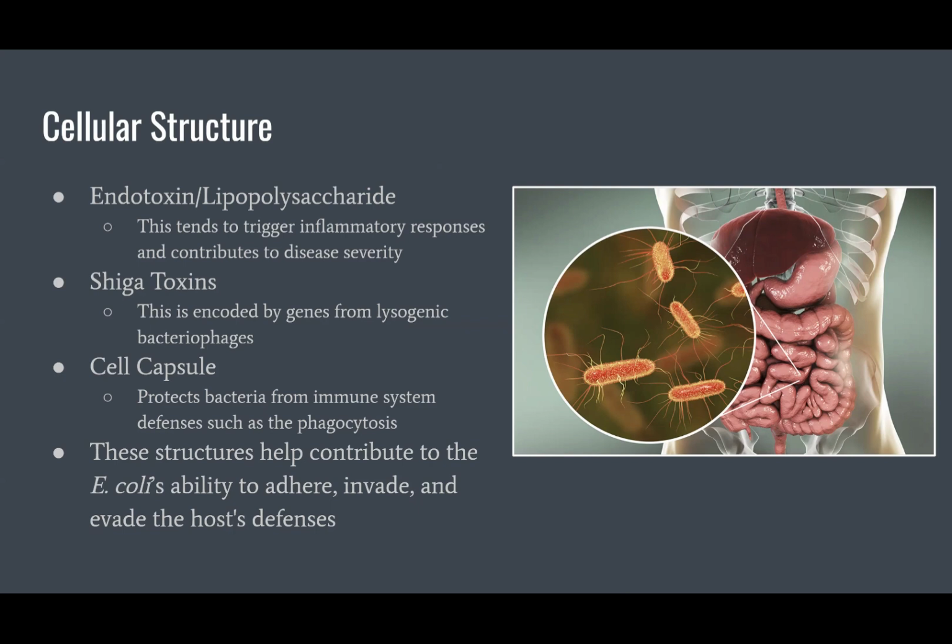The capsule can protect the bacterium from immune system defenses such as phagocytosis. Additionally, the type 3 secretion system encoded on a virulence plasmid allows the bacteria to inject proteins directly into the host to subvert normal cellular processes. All of these components contribute to the high virulence of this specific strain of E. coli.